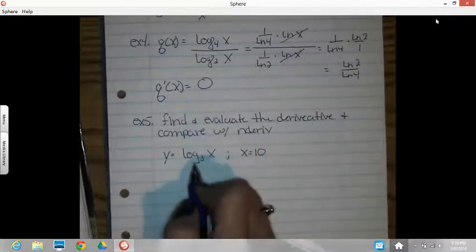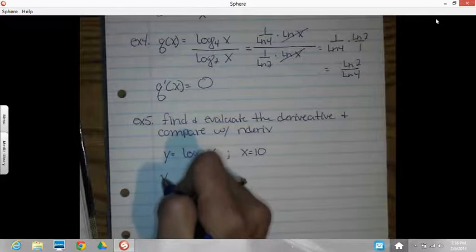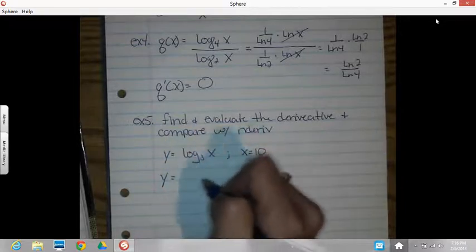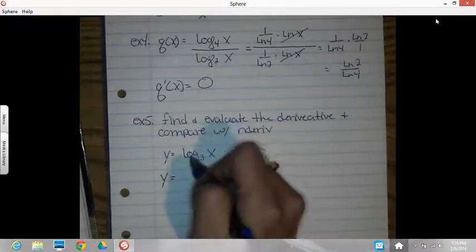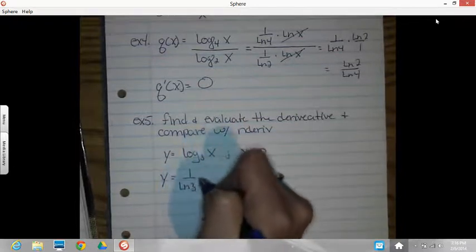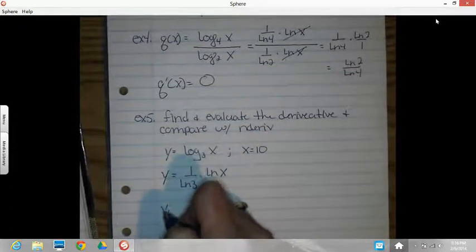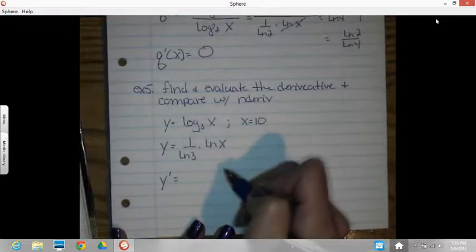So first thing, I got to do derivative, so I need to do change of base. So that will be natural log of x over natural log of 3. So that's 1 over natural log of 3 times the natural log of x. Ready for derivative. Constant carries along.